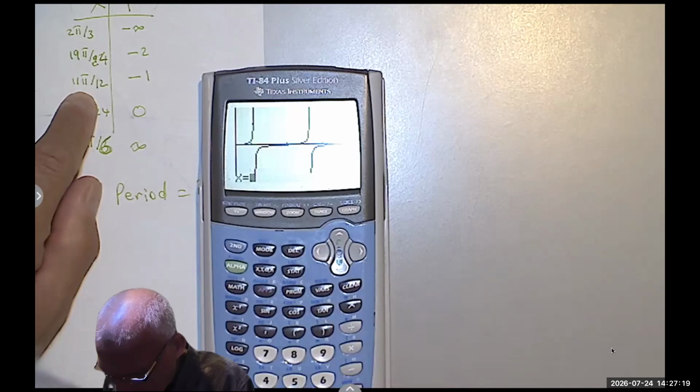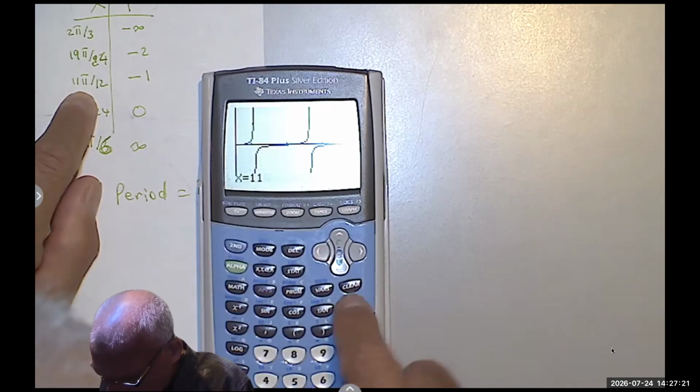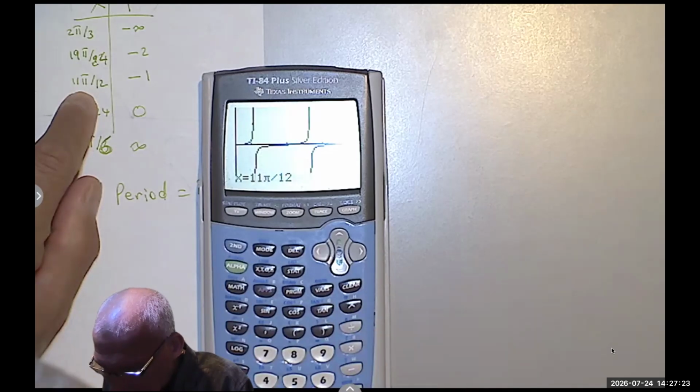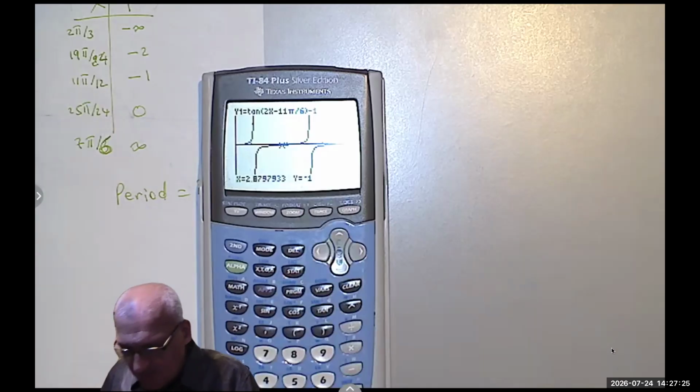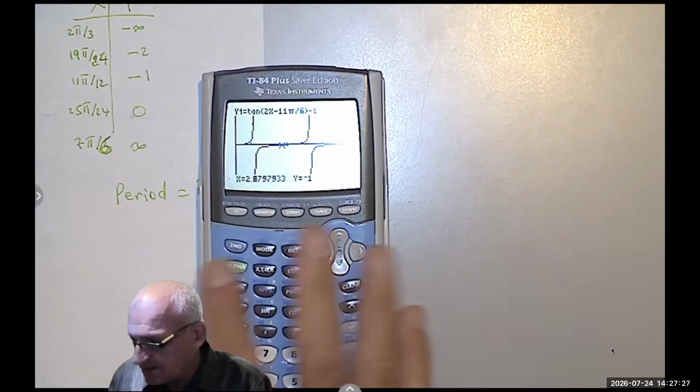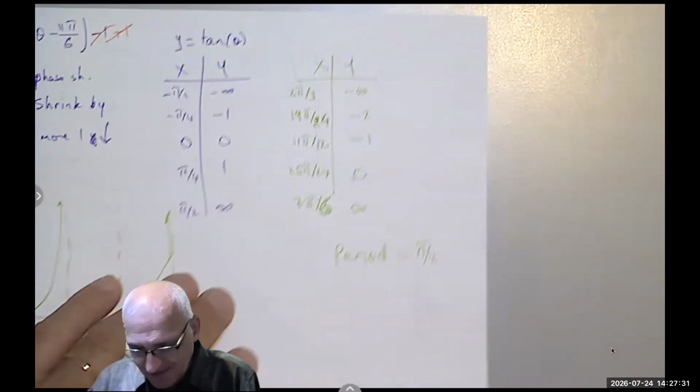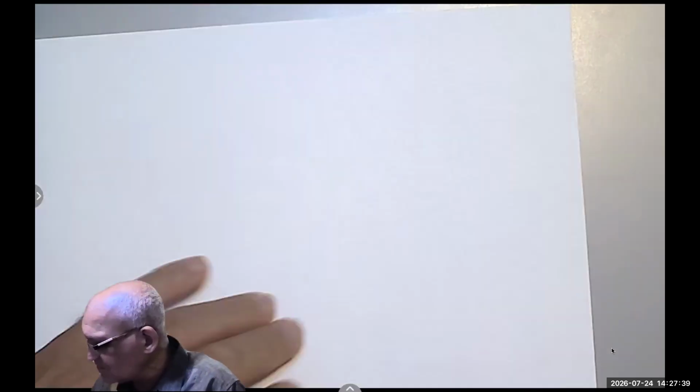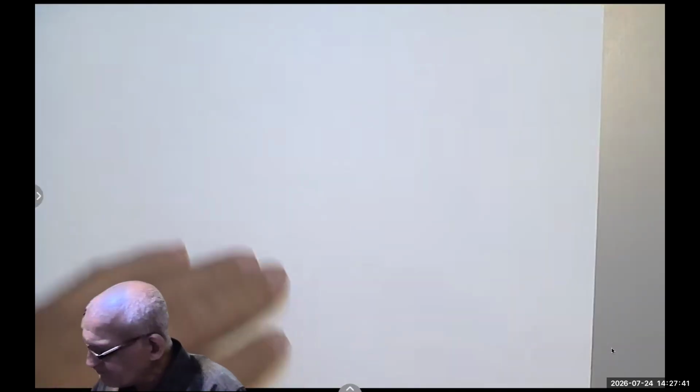How about x is 11 pi over 12? -1. I don't know. For some reason I thought I did some mistake. No, it's correct. Sorry for wasting your time. It should be correct if your math is right, but for some reason I probably clicked the wrong button. I don't know which one.